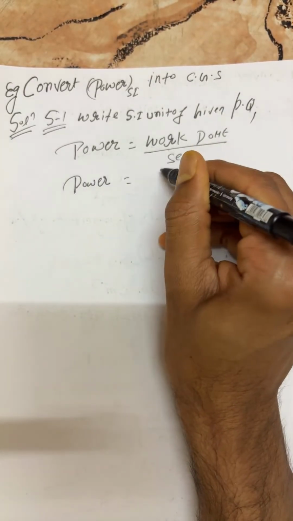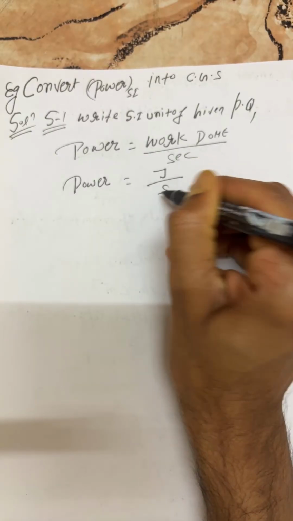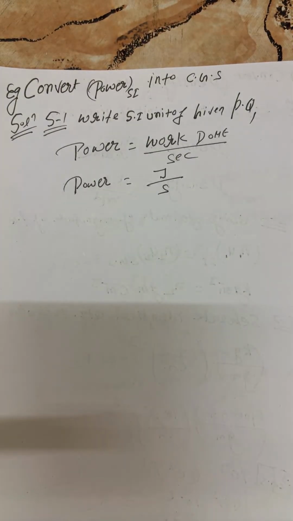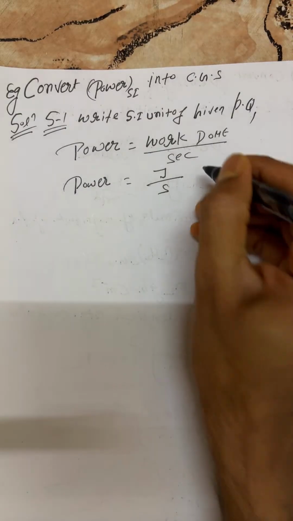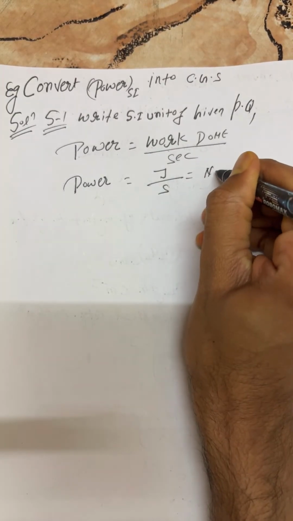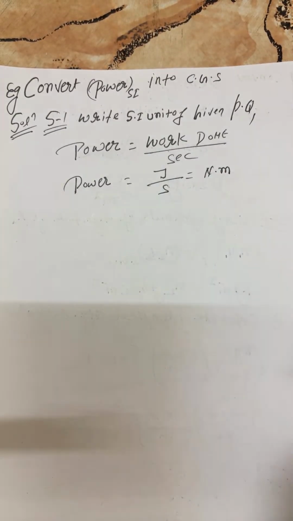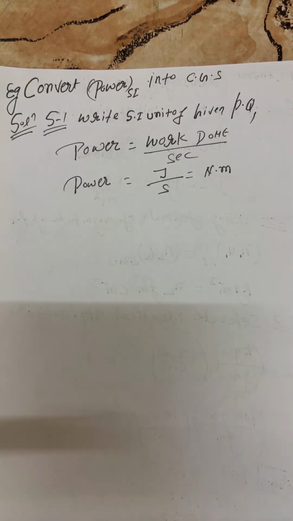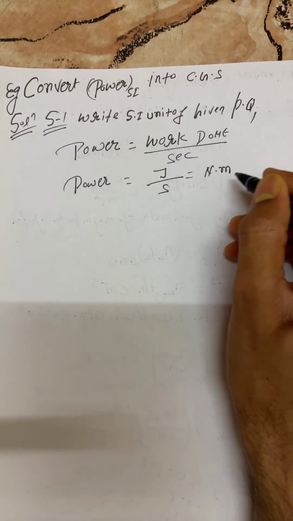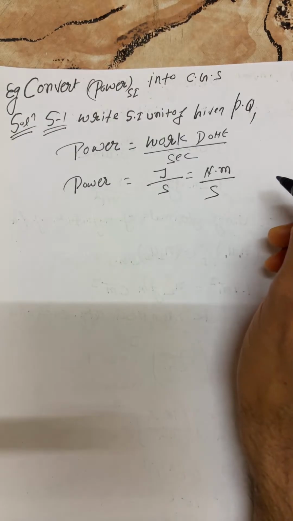So what is the unit, student? Tell me everyone. Power here you can say joule per second. Joule, you can write as Newton into meter, upon seconds.